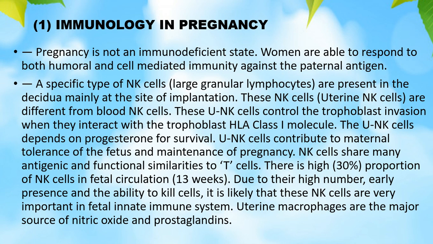There is a high proportion, about 30%, of NK cells in the fetal circulation up to 13 weeks. Due to their high number, early presence and ability to kill cells, it is likely that these NK cells are very important in the fetal innate immune system. The uterine macrophages are the major source of nitric oxide and prostaglandin.